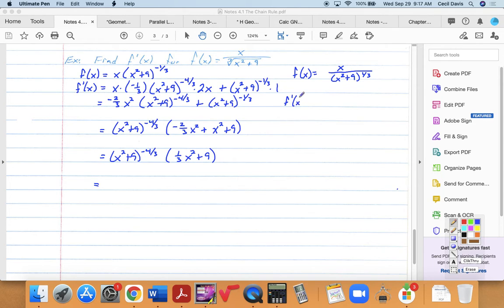So the derivative, we would take the denominator times the derivative of the numerator minus the numerator times the derivative of the denominator, which would be 1/3 x squared plus 9 to the negative 2/3 times 2x, all over x squared plus 9 to the 2/3 power.